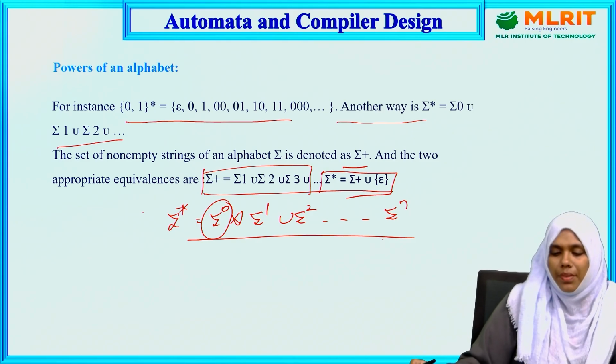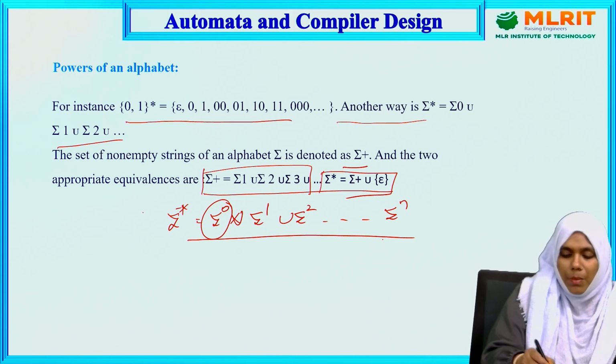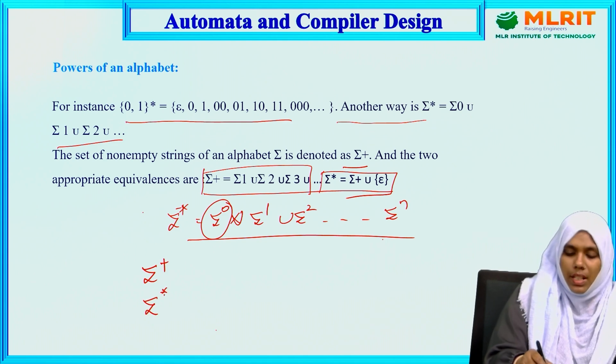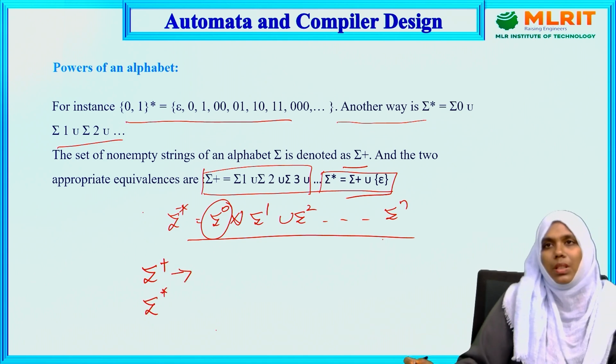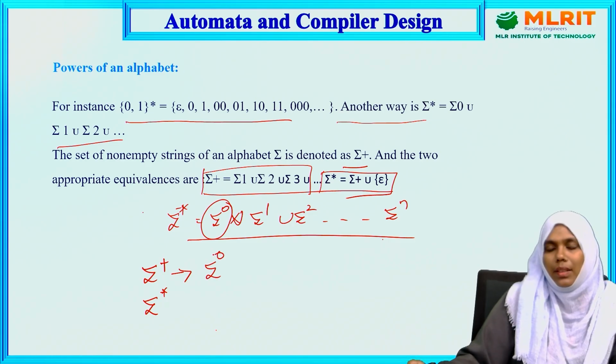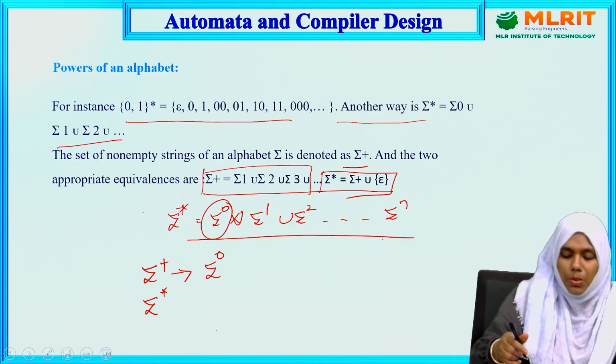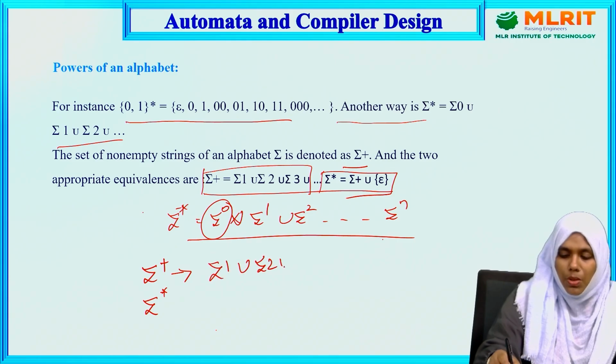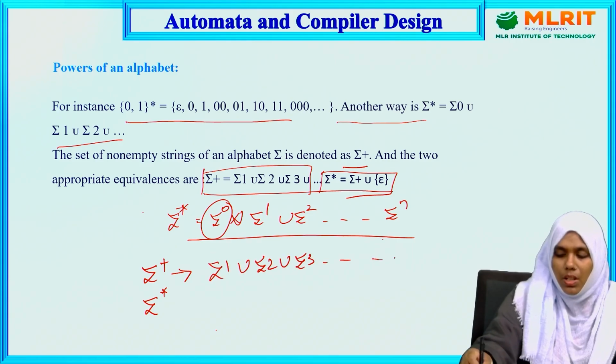So what is the difference here? In Σ power plus and Σ power star, in Σ power plus, we do not include the value which has length null. We don't include that. So we start from Σ1 union Σ2 union Σ3, and so on.